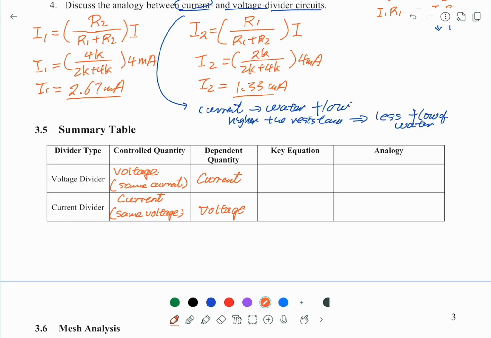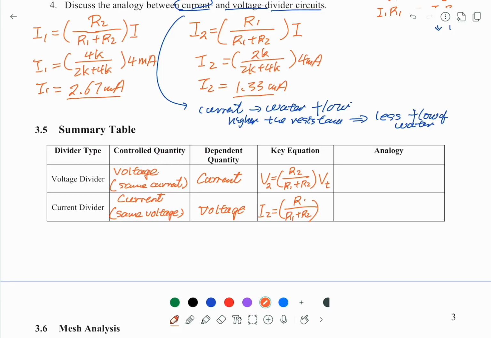The key equation, V equals R1 plus R2. If we look at V2, to make it clear, this is V total, I2, and you divide by R1 plus R2.